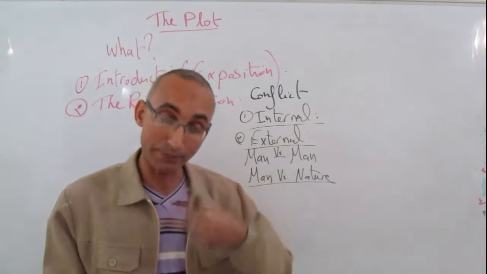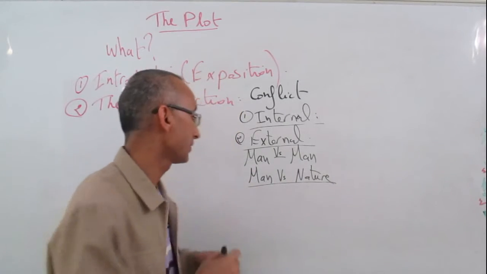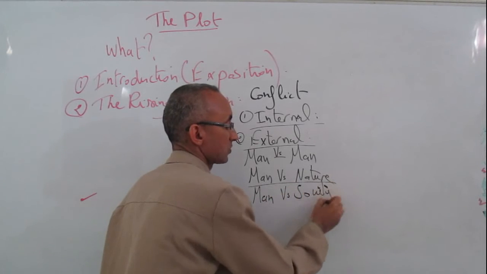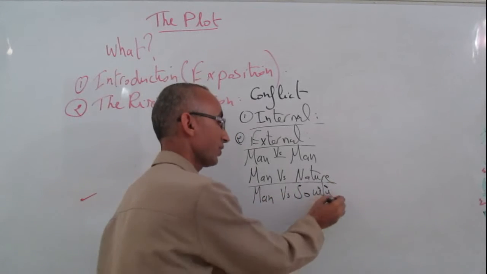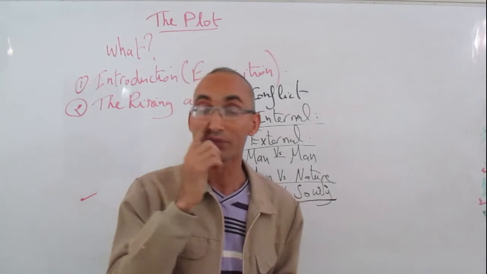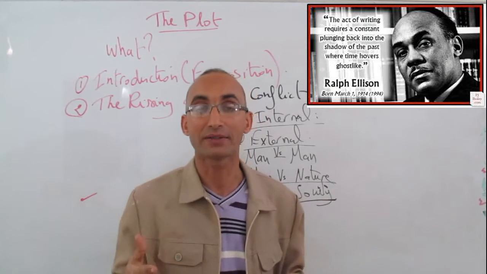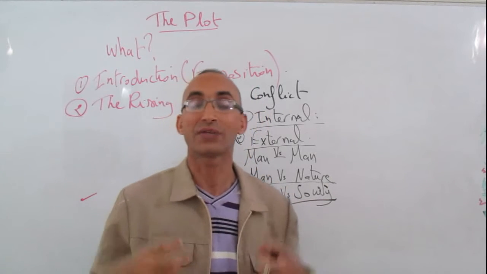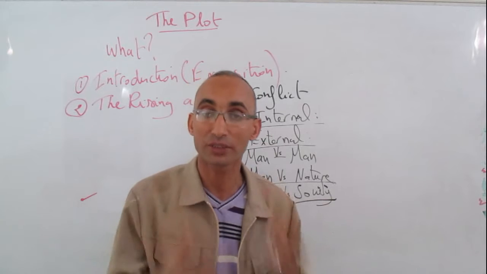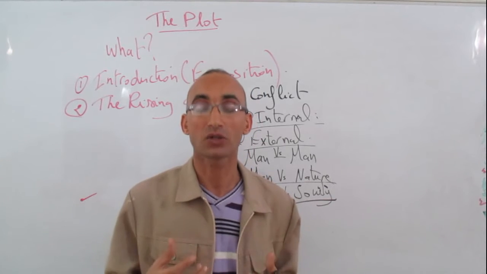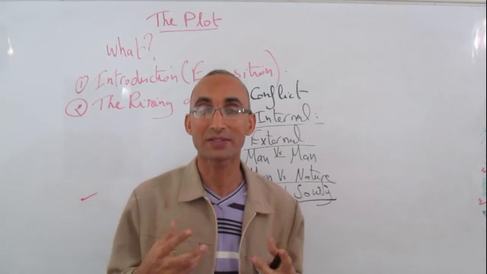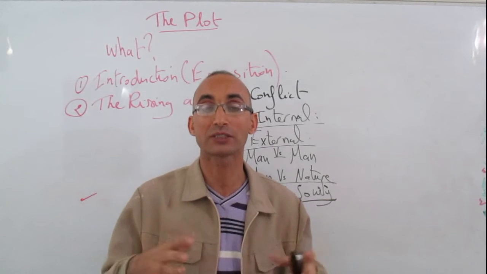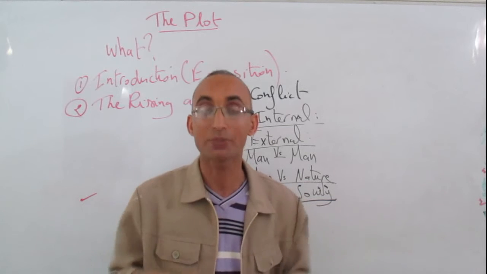Also, we have another type of external conflict, which is between man and his society. Here we can mention Ralph Ellison's masterpiece, Invisible Man, with that black character who was defying, challenging, was in struggle with that white dominance, white class in his society, which represents the mainstream dominant class.